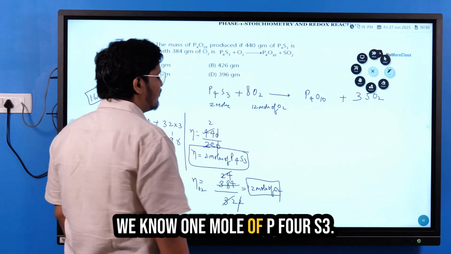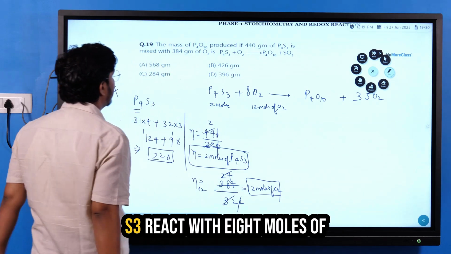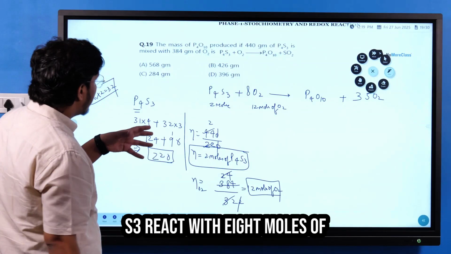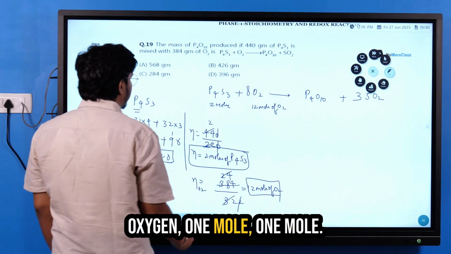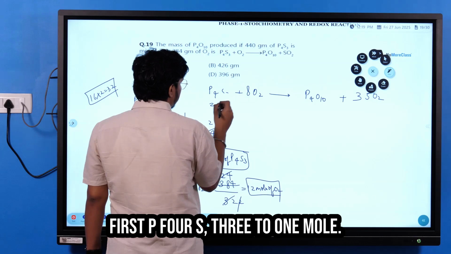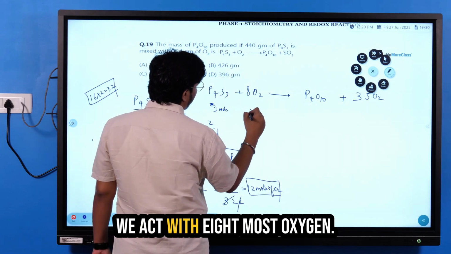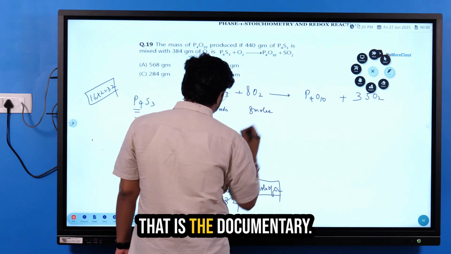We know 1 mole of P₄S₃, according to stoichiometry, reacts with 8 moles of oxygen. That is the basic stoichiometry.